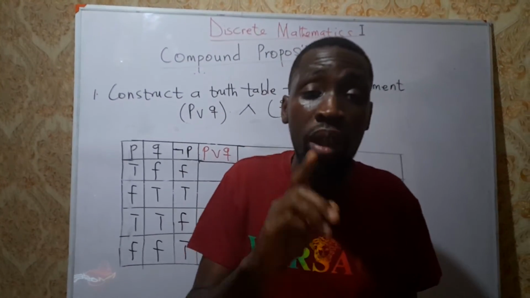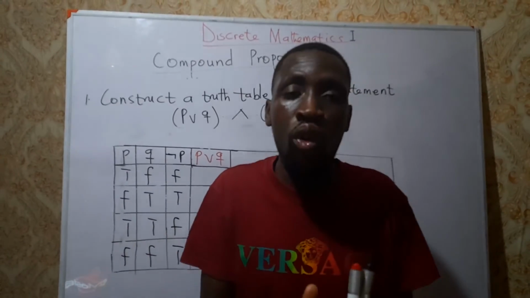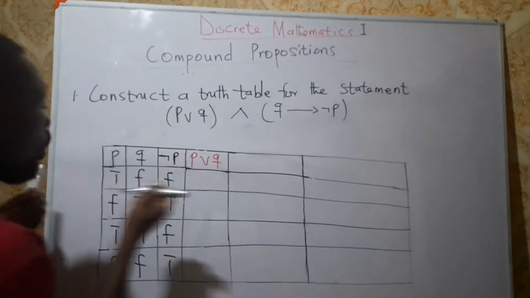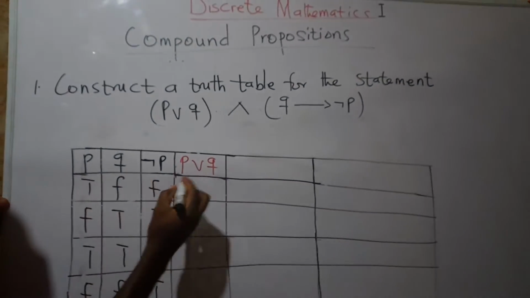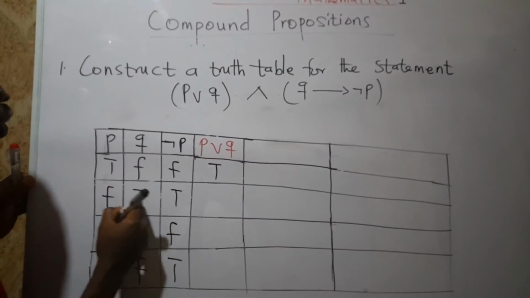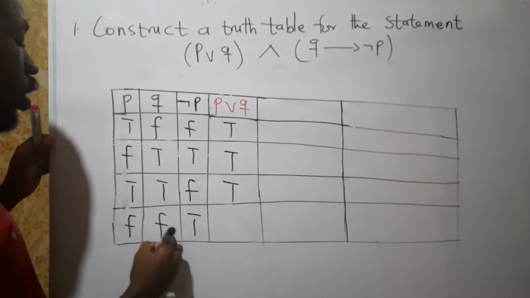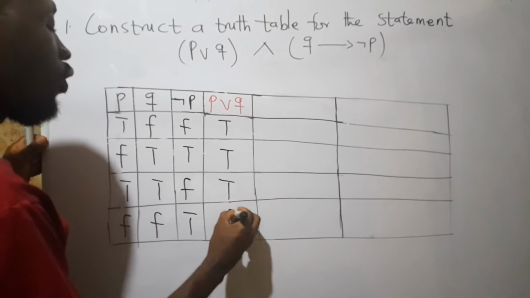So the statement only becomes false when both are false. Other than that, it is true. So since this is true and this is false, it will be true. This is false, this is true, it will be true. Both are true, it will be true. It is only false when both are false.